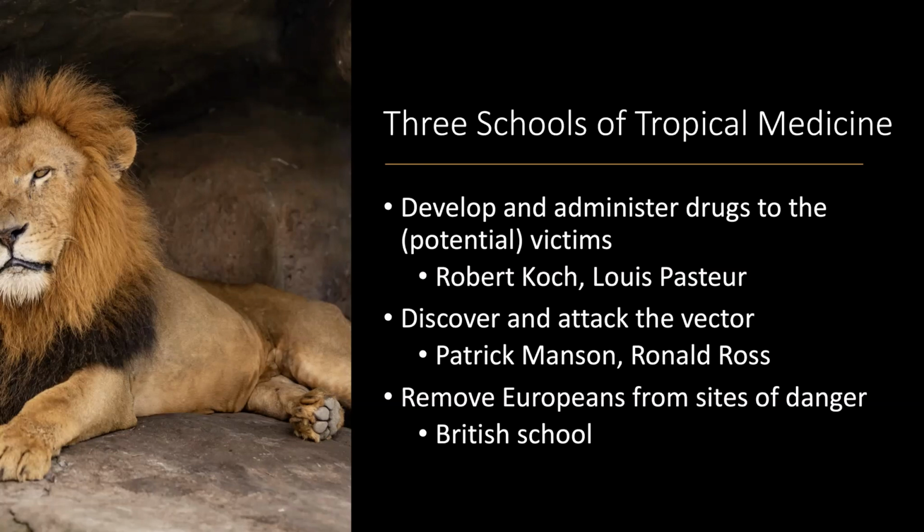Nowadays, we're controlling their breeding capacities by releasing genetically modified male mosquitoes that are sterile. And then the British school, very much out of tropical medicine, was removal. The removal thought was that white bodies are susceptible because native bodies have innate immunities. So let's remove the white bodies to colonial hill sites above the mosquito line in India, for example.